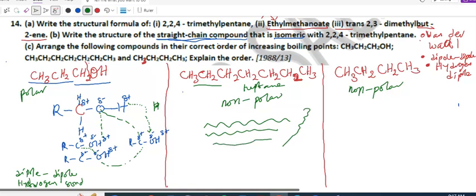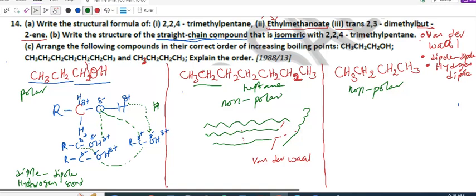The force of attraction existing between this chain and this chain is what we call van der Waals forces, or London dispersion forces. The same kind of force exists here.